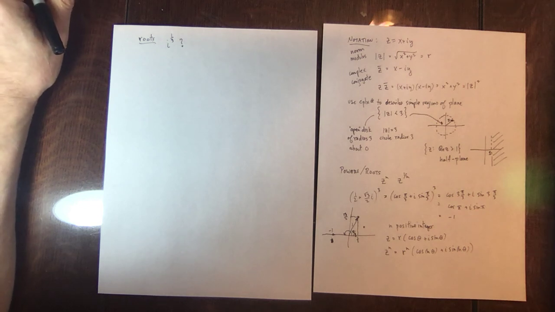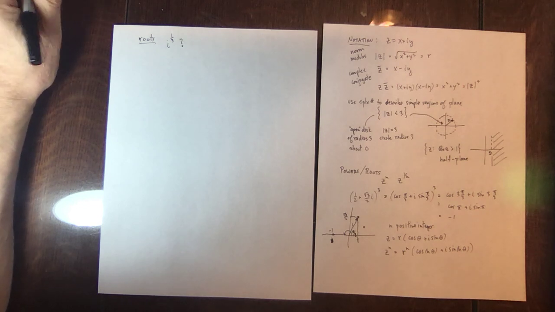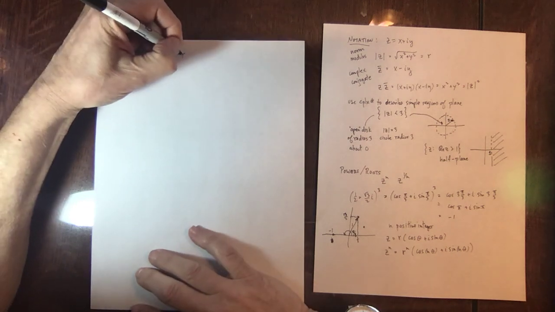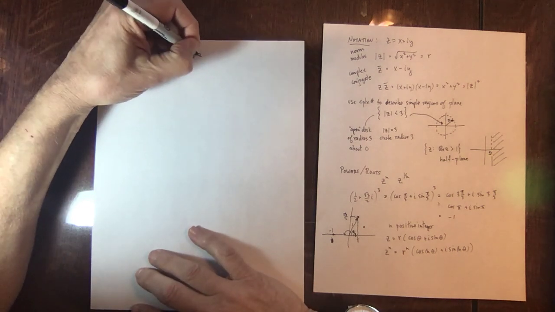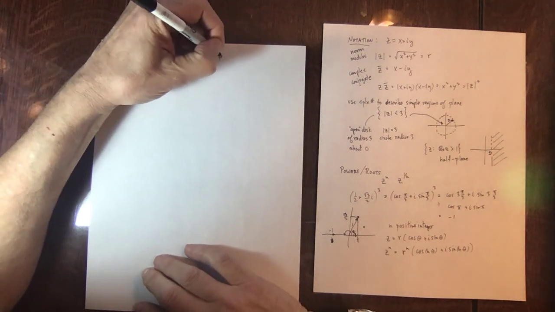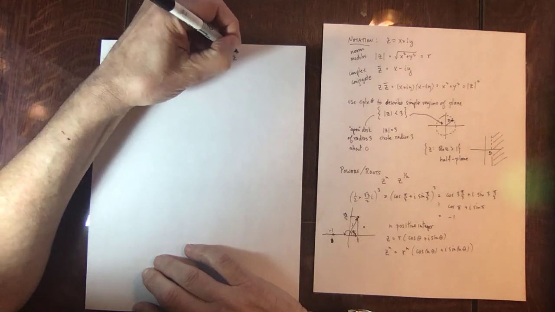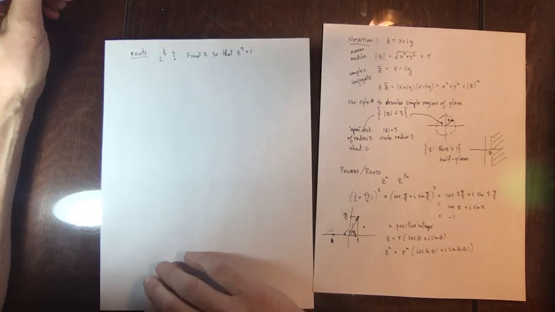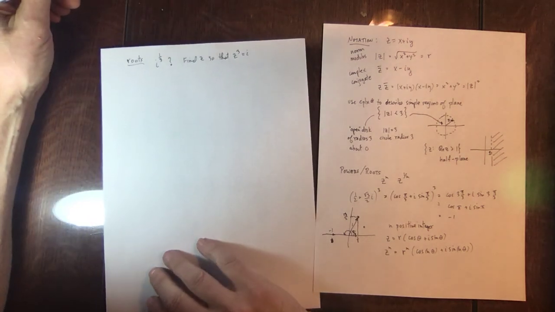How could I find the cube root of i? So in other words, find z so that z cubed equals i. That would be the cube root of i.